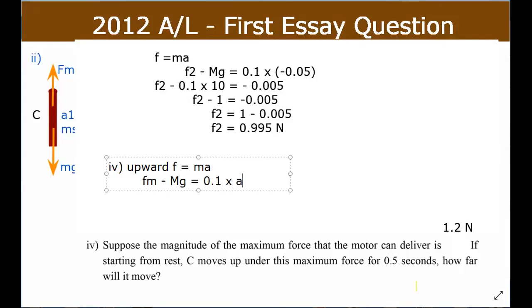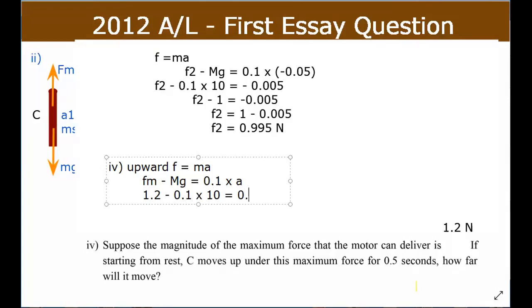The first thing that you want to do is find the acceleration under this maximum force. So the Fm is 1.2, capital M is 0.1, g is 10.